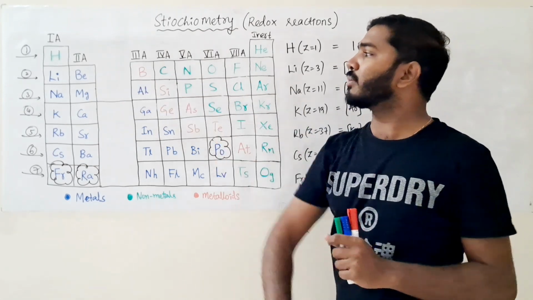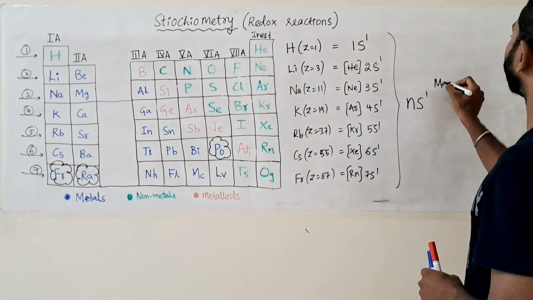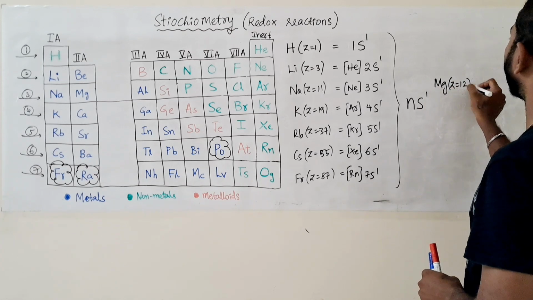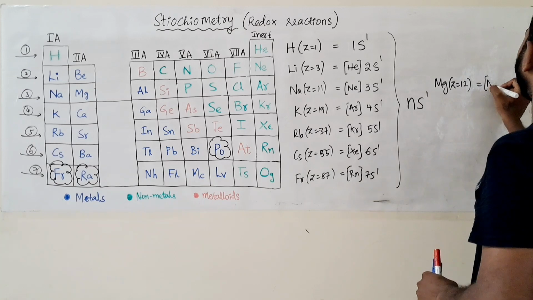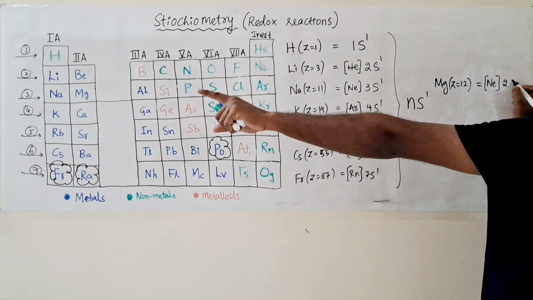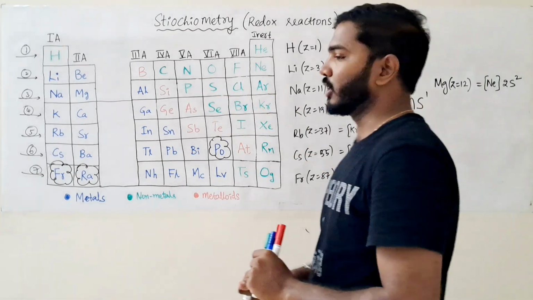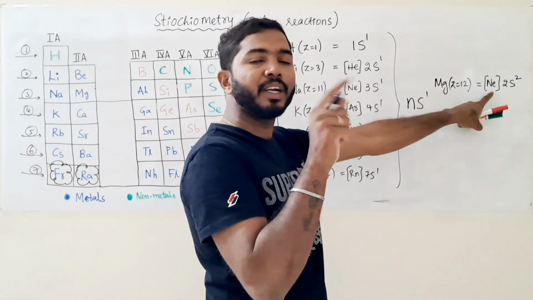So if I ask you randomly magnesium, its atomic number is 12. So if I ask its electronic configuration, that could be neon, and then it is present in second group, s block. That's it. So this is the preceding noble gas.